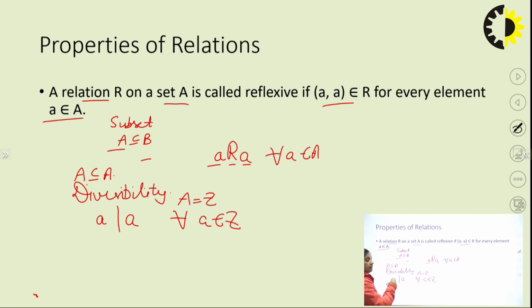It means it is reflexive in nature. Mainly we need to check whether A is related to A for all the possible elements or not. If it holds, then the relation is a reflexive relation.